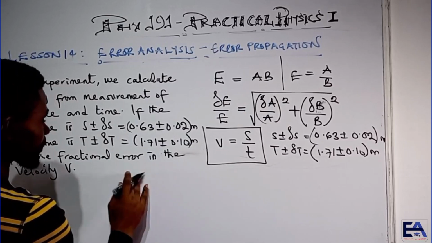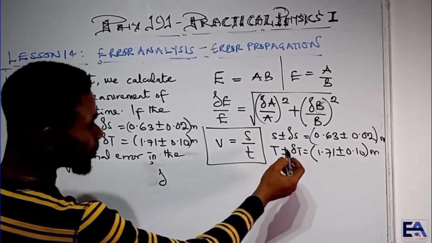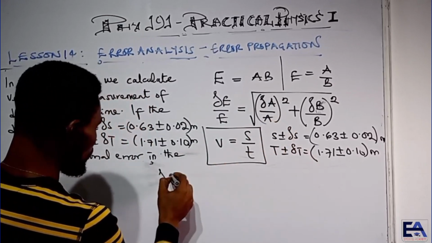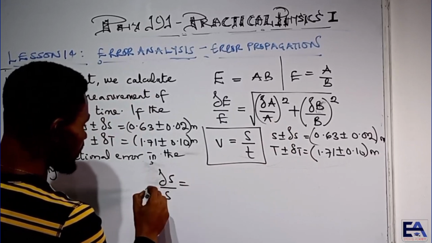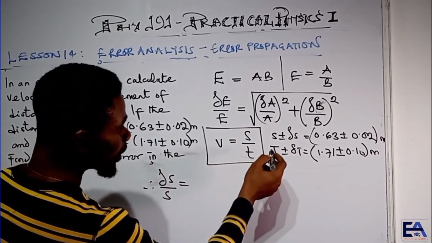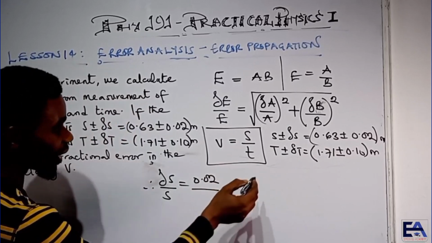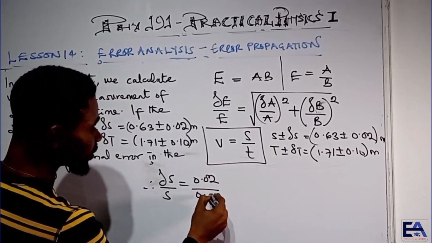So we have delta S over S. What is delta S, the error? It's 0.02 over S, which is 0.63.